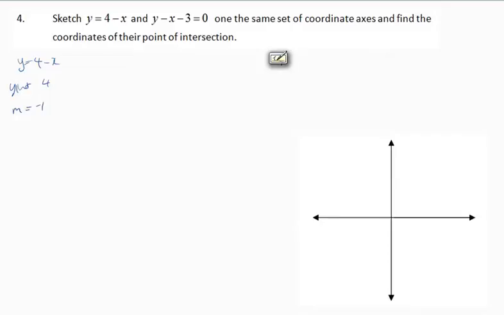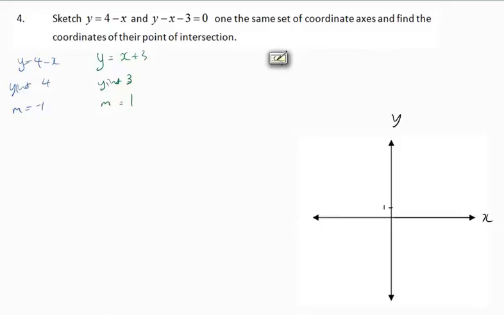For our second line, we rearrange: y is equal to x plus 3. Our y-intercept is at 3 and our gradient m is 1. So we can put some scale on our axes. We've got our x, our y, and our y-intercepts, 4 and 3.